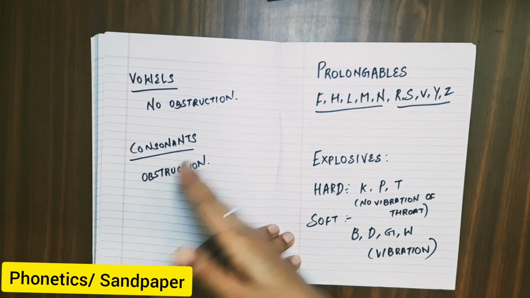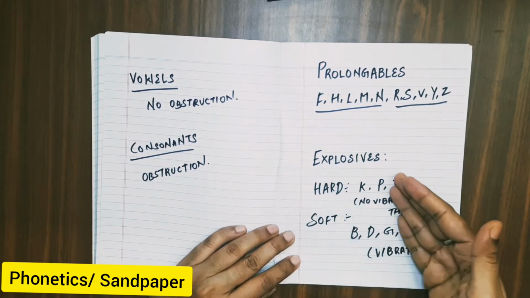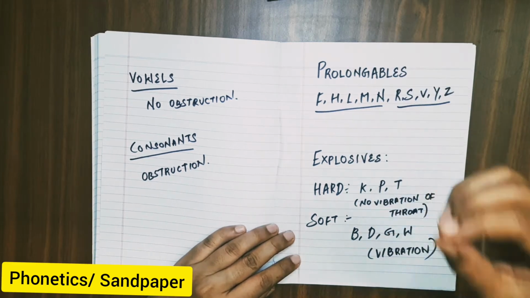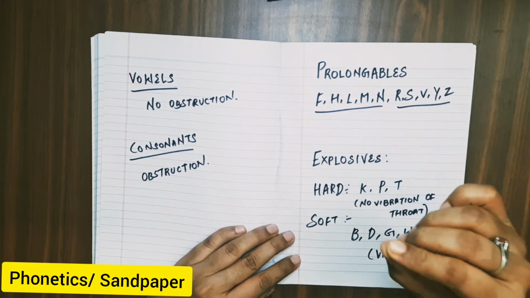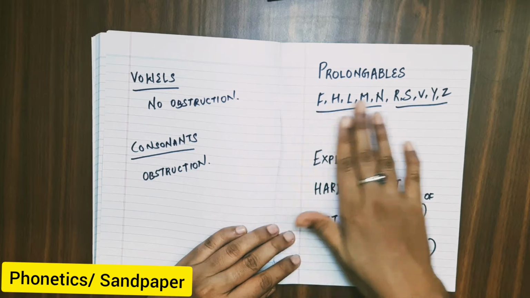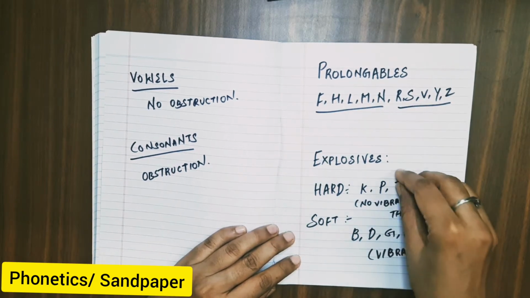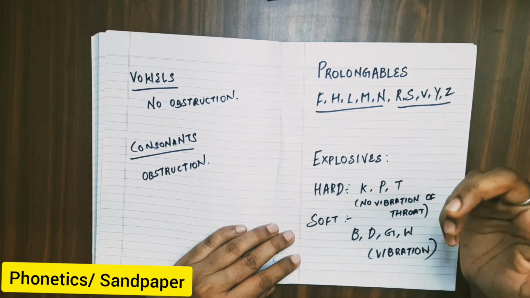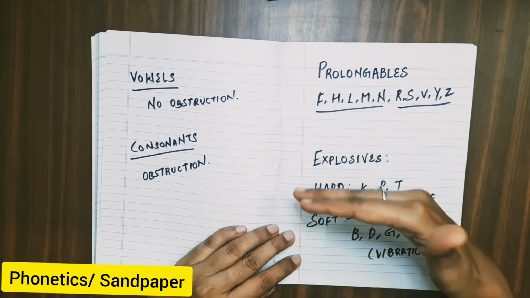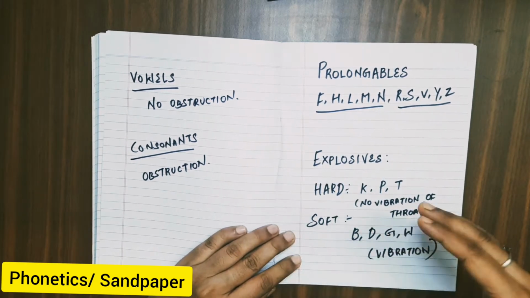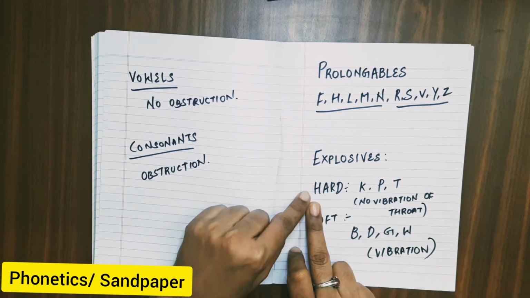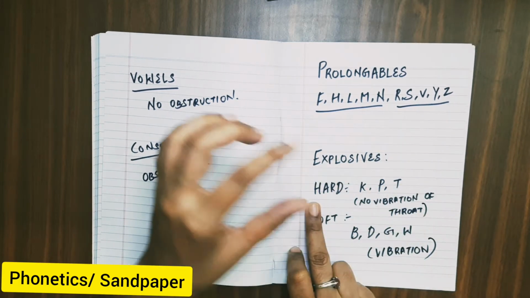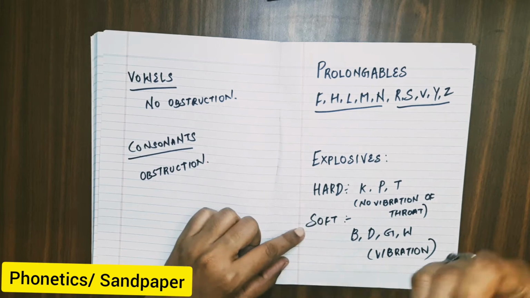So vowels, no obstruction. Consonants, there will be an obstruction when you pronounce these sounds. Again, consonants are of two types: prolongables and explosives. Prolongables will prolong for some time, for a few seconds or nanoseconds. That is why they are called prolongables, and these are called explosives. When you utter it, it sounds like an explosive. Again, explosives are of two types: hard and soft. When you utter the hard explosives, k, p, t, it's like an explosive, and there is no vibration of the throat.